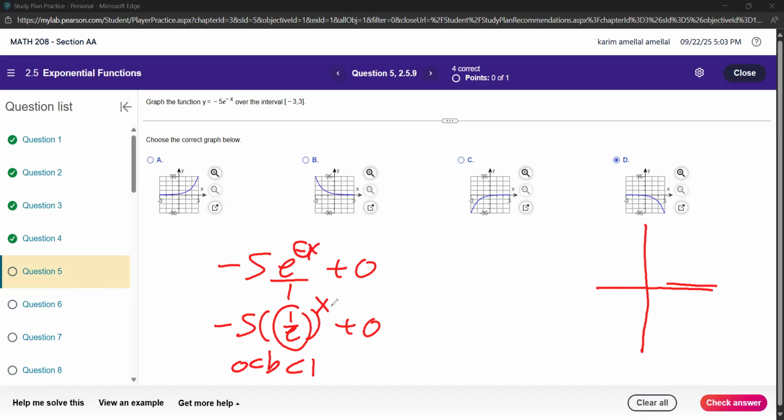And then what will be our y-intercept? Negative 5, which is a plus c: negative 5 plus 0, which is negative 5. So the horizontal asymptote will tend to go down to negative 5. So this will be our choice.